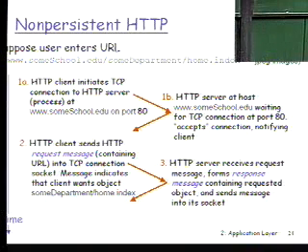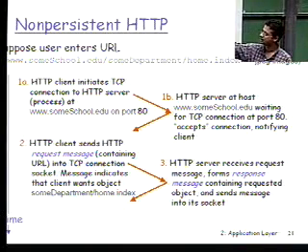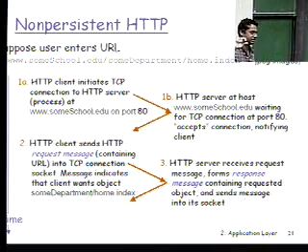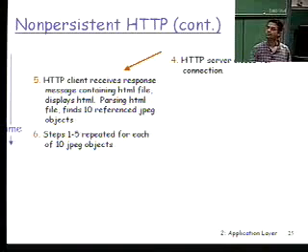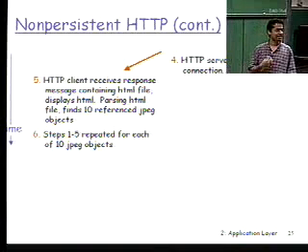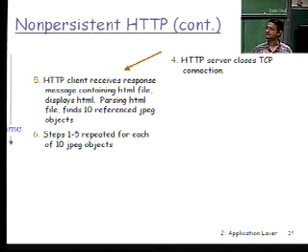So when the HTTP client sends this request, the response message will come back with this base object, the base file. Now this base file will have embedded references to different URLs. It will find maybe 10 referenced JPEG images in that page. So the page that was initially transferred was only text, but that text contained references to different images.